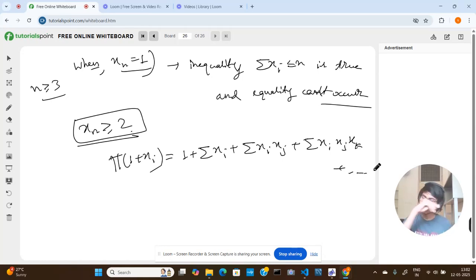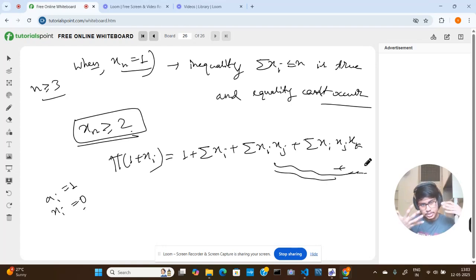We already showed that most of the terms in the product will be 0, because for the sum to be equal to the product, most of the ai's will be equal to 1, which will mean most of the xi's will be equal to 0. That will mean most of these terms will go to 0. So I am not interested in all the terms. I am interested in only some specific non-zero terms.